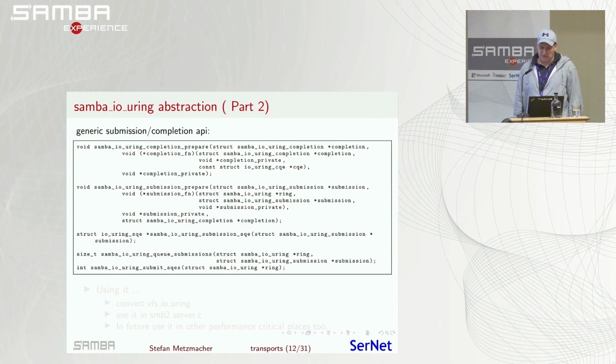Because it's possible to link multiple operations together, we first have the submission SQE function that gets the SQE to be filled, and then we have queue submissions where we basically add the submission to a linked list at the end, and then we have the submit SQEs which basically does the syscall to transfer this to the kernel.